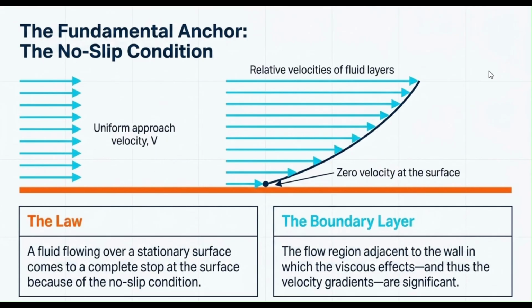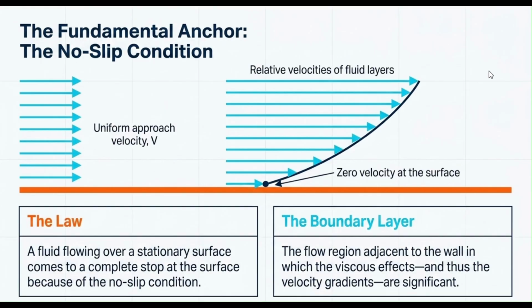And here in this slide, we will take a look at the no-slip condition, which is a common terminology that you will hear across fluid simulations or fluid analysis whenever you encounter such types of problems. When a real fluid flows over a solid surface, the fluid directly touching the surface has the same velocity as the surface, which means if the wall is stationary, the fluid velocity right at the wall is also zero.